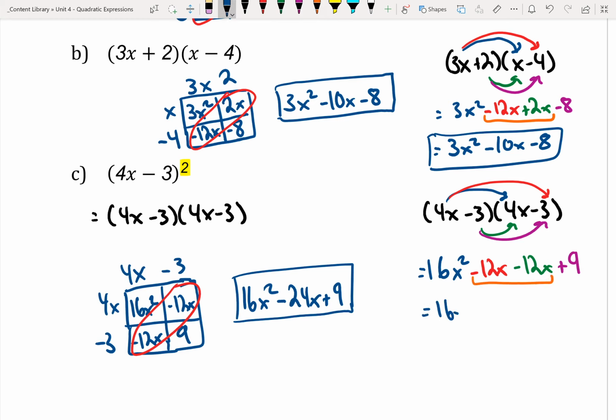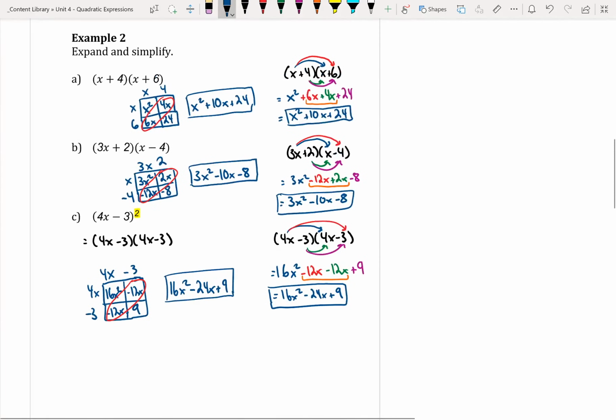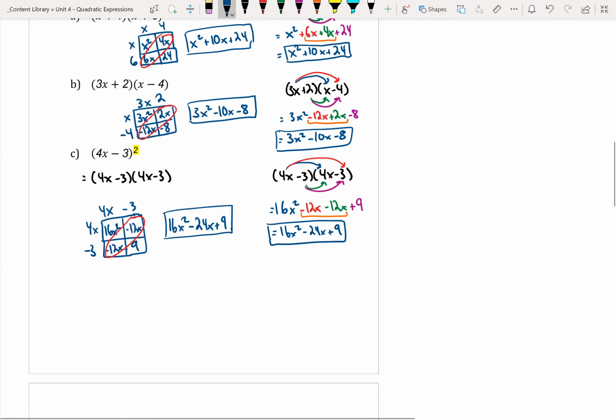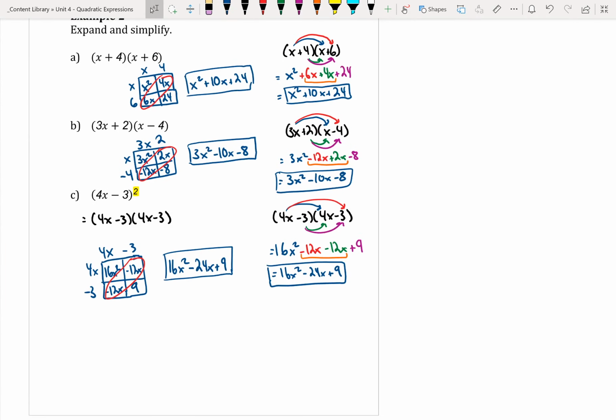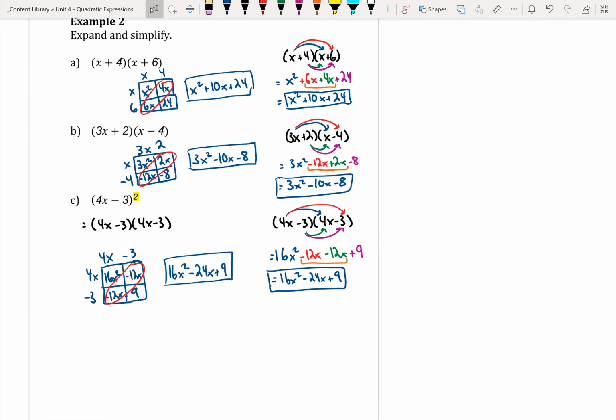So we get 16x squared minus 24x plus 9 as our final answer, which is the same as what we had previously gotten. So regardless of how you try to solve it, it is the same thing, whether you use FOIL method or the box method.